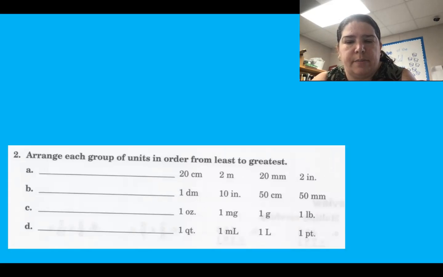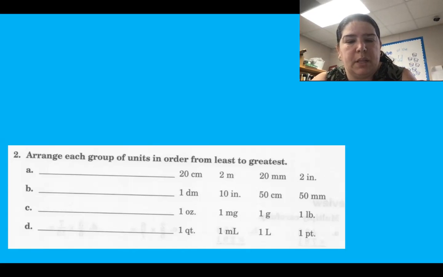What comes next? Inches, very good. 2 inches comes next. And then 20 centimeters, excellent. And the last one should be 2 meters. Remember, a meter is just almost like a yardstick or the door frame. Do you remember that? 2 meters would be the largest out of all of those.